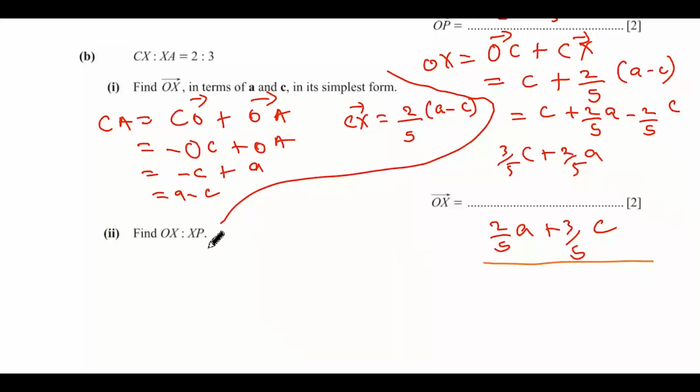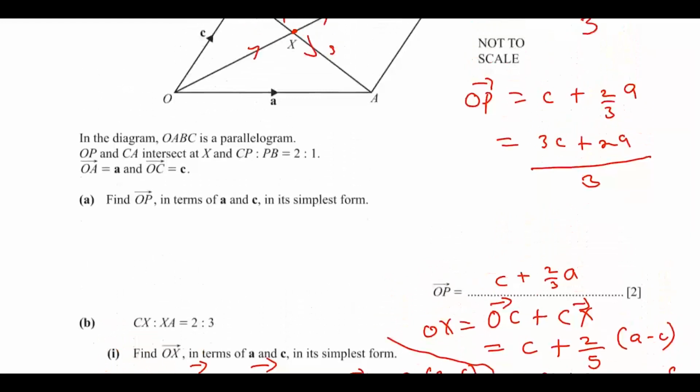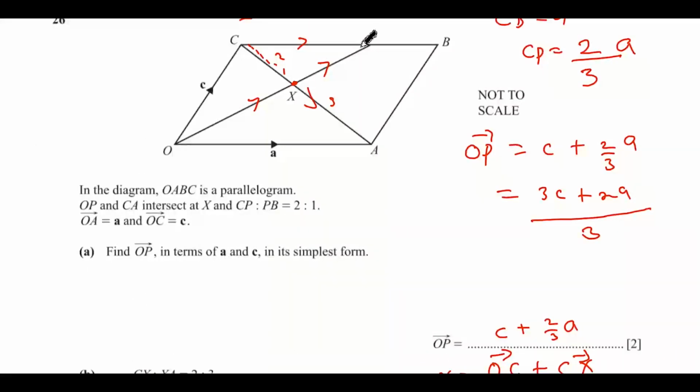Then we need to find XP. If you go back to the diagram, you see that XP is equal to XC plus CP.